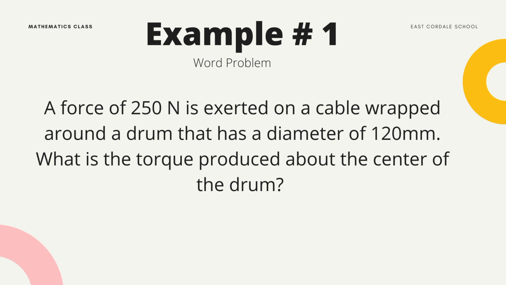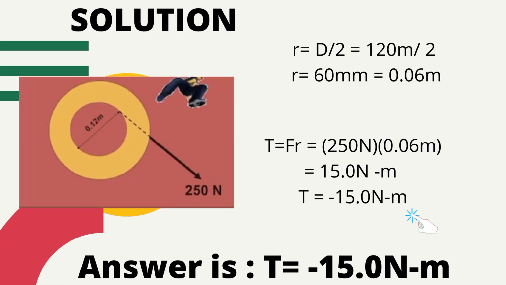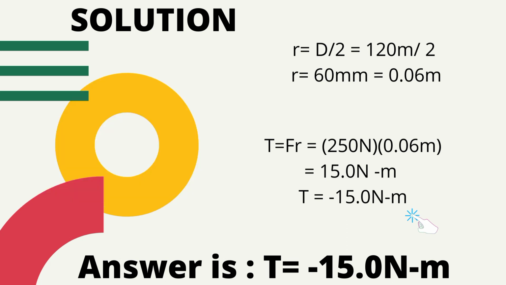Notice that the line of action of the 250 Newton force is perpendicular to the diameter of the drum. The moment arm is equal to the radius of the drum. Radius is equal to diameter divided by 2, which is 120 mm divided by 2 is equal to 60 mm or 0.06 meter.